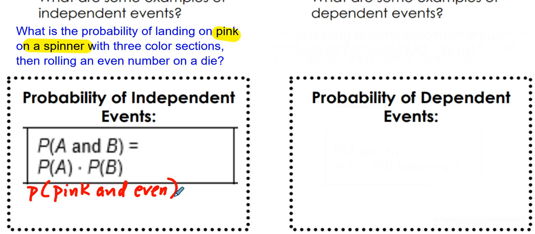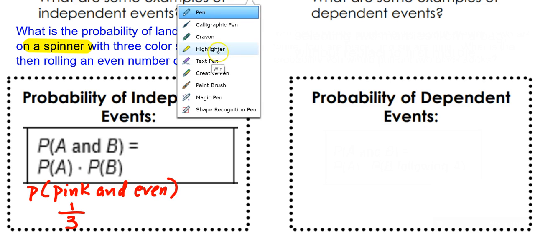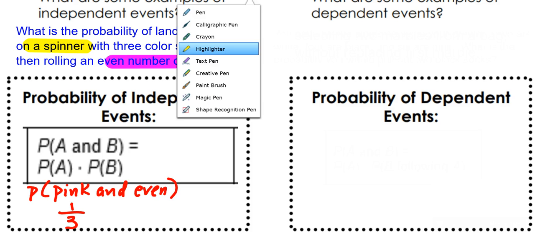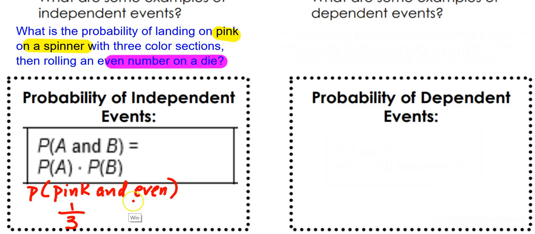So the probability of landing on pink is going to be 1 out of 3 because we have 3 sections. And the probability of getting an even number on a die, okay, out of the numbers on the die, 3 out of 6 are even. So that would mean 1 out of 2. Simplifying to 1/2 would be the probability of the number cube landing on an even number.